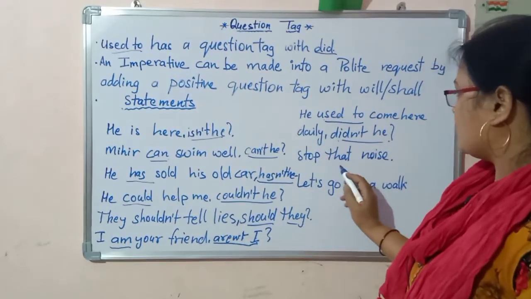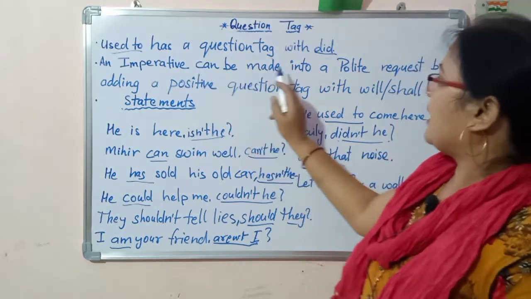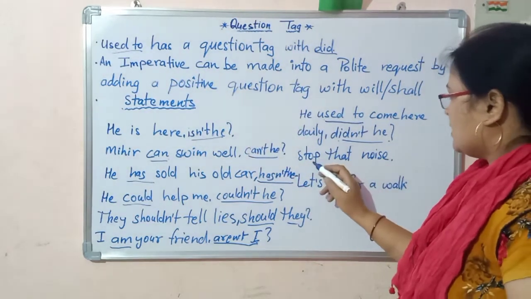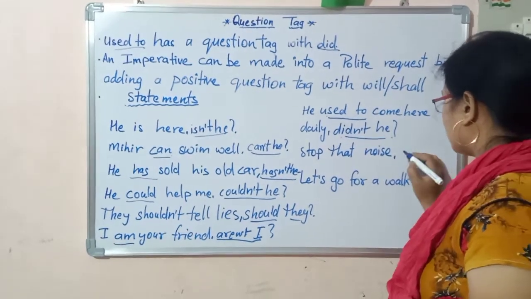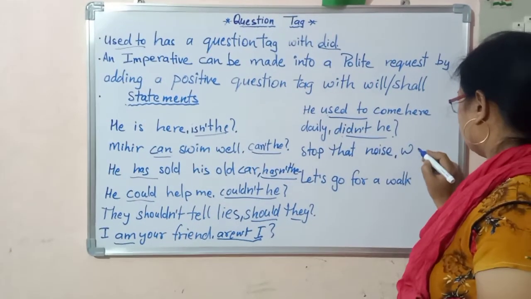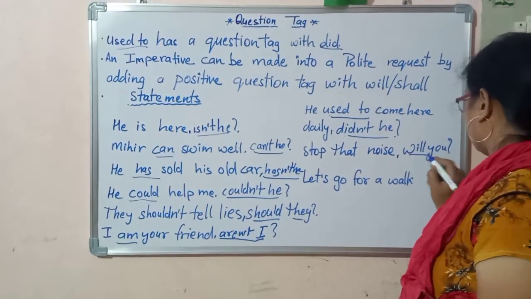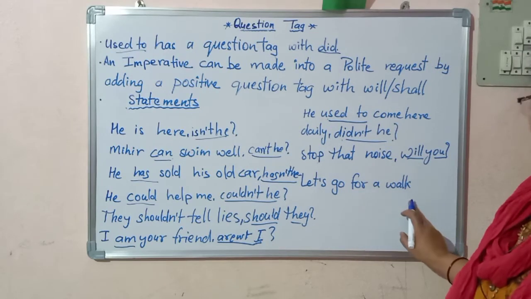Now you see: stop that noise. It is an imperative sentence. So an imperative can be made into a polite request. Stop that noise. So how do we make it here? We add a question tag here. Will you? Next, let's go for a walk.